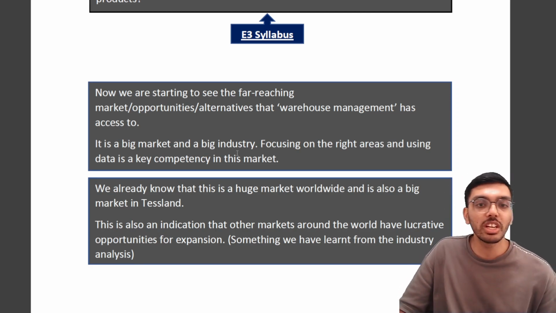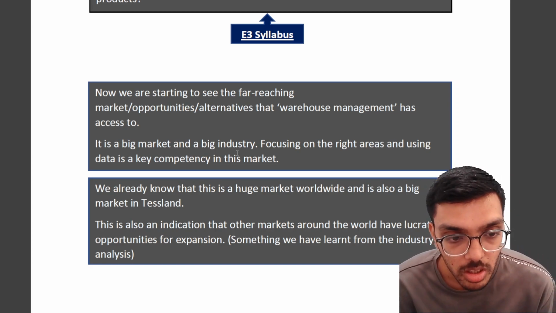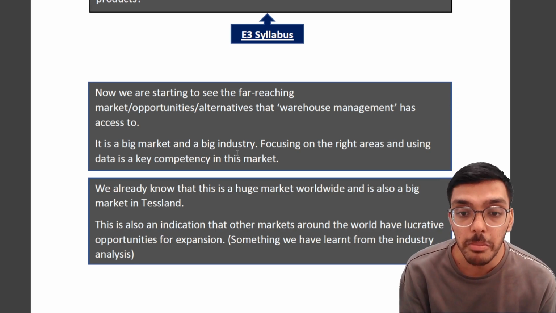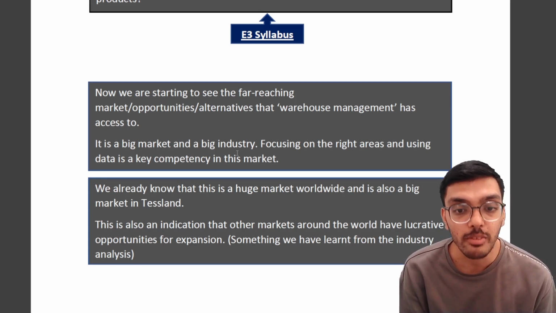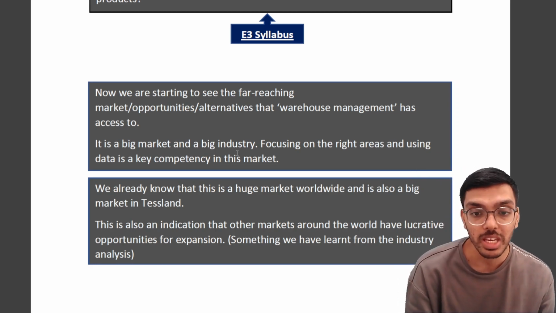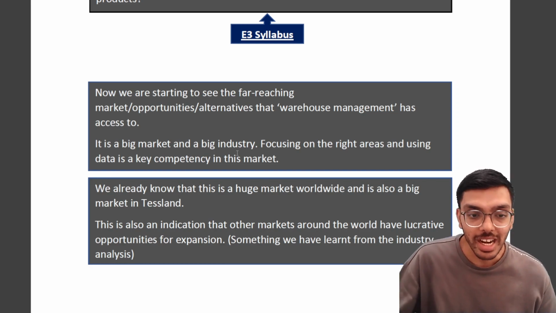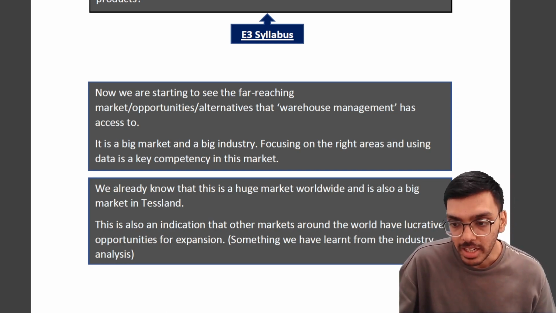Now we already know that this is a huge market worldwide and also a big market in Testland. This is also an indication that other markets around the world have lucrative expansion opportunities, something that we have learned in the industry analysis. So please don't forget that. Keep it in your mind.